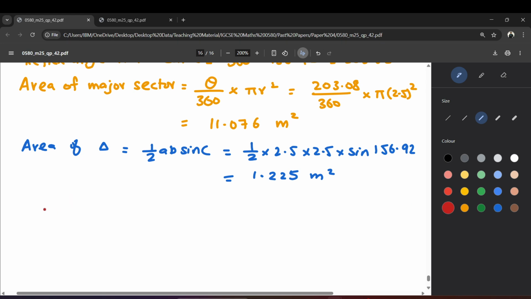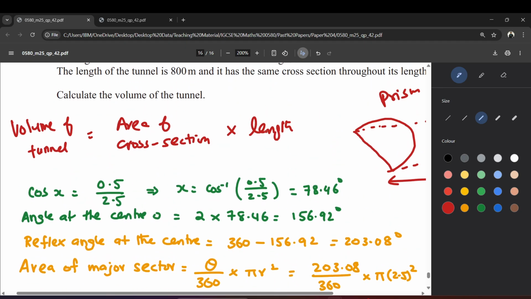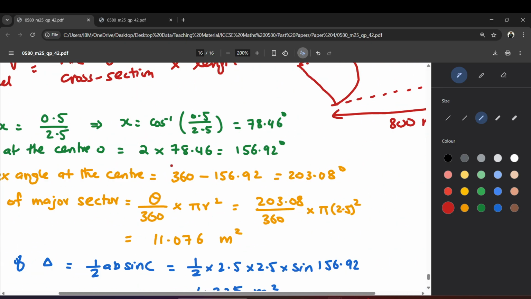Now we can say volume of the tunnel is equal to the area of cross section, right? So the area of cross section will be 11.076 plus 1.225 multiplied by the length, which was 800.